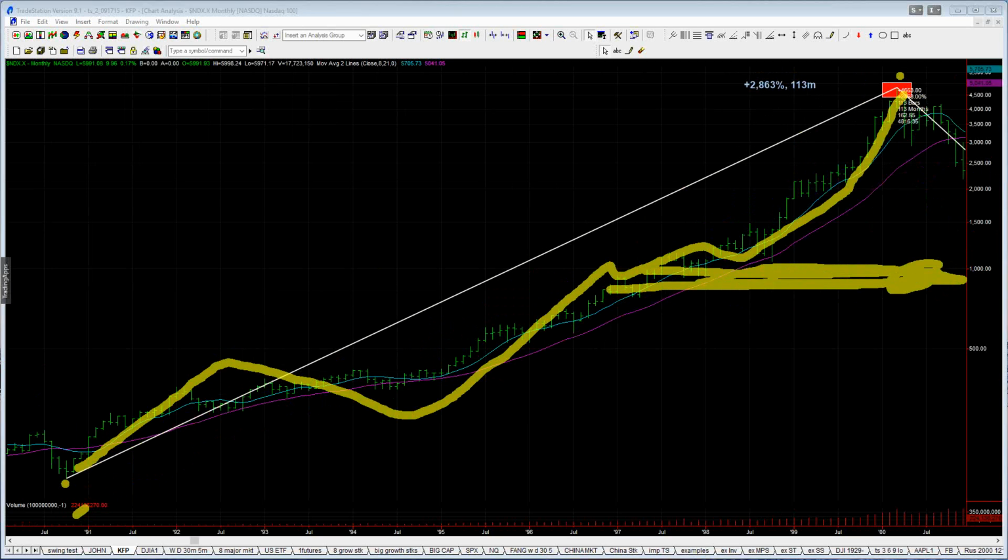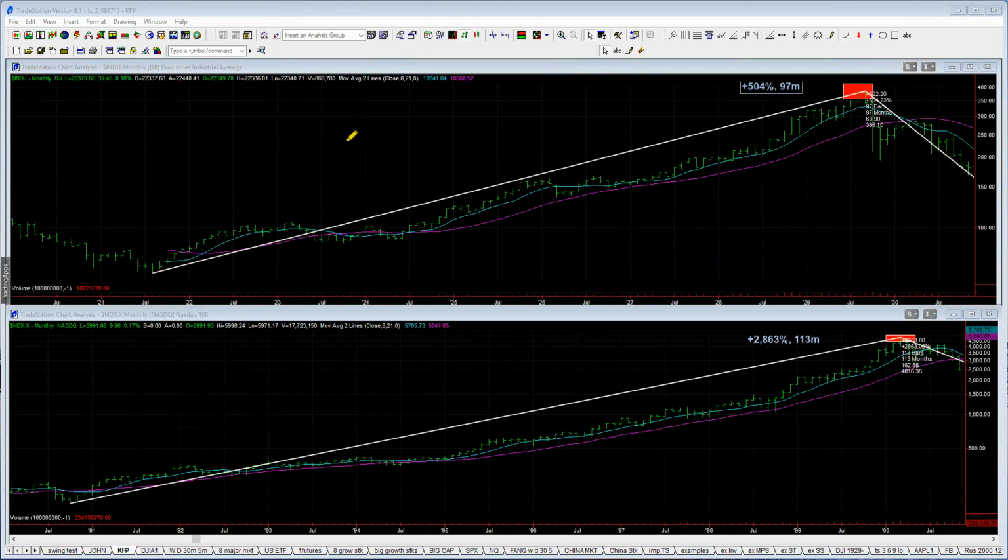And so now we're going to compare the two of them side by side to see what they look like. Here we have the Dow Jones on the top, and underneath that we have the Nasdaq. And we can see the entire runs. Interestingly enough, this was a much larger run for Nasdaq than the Dow was in the 20s.